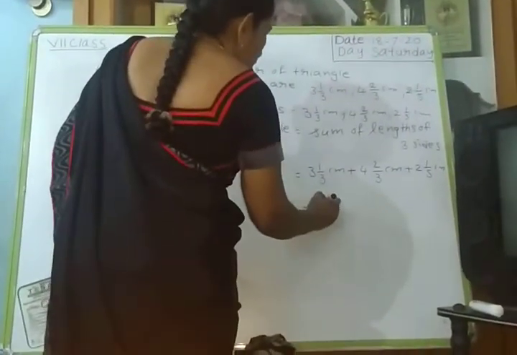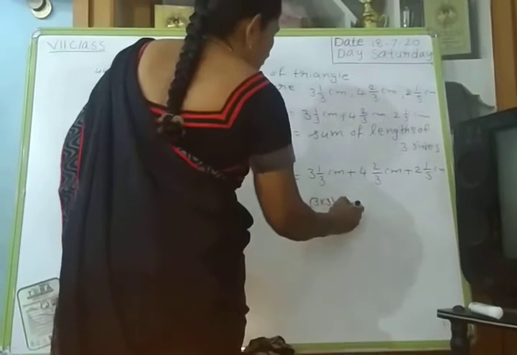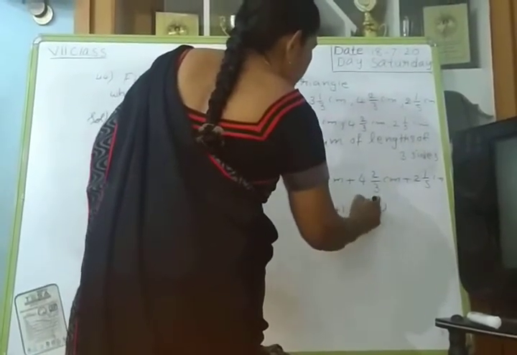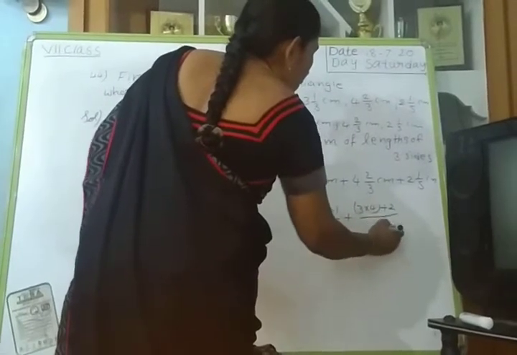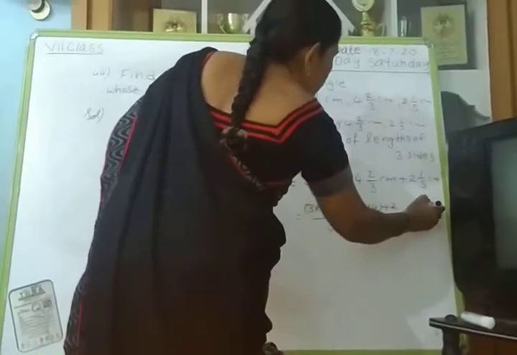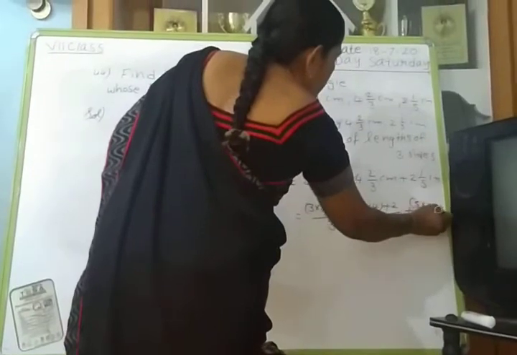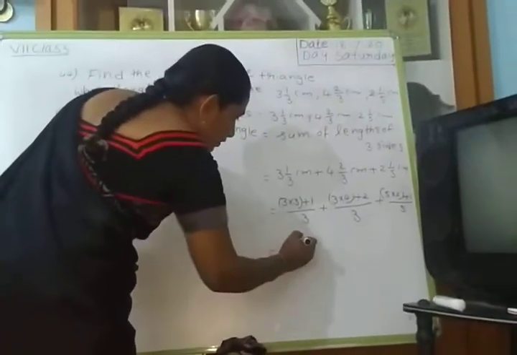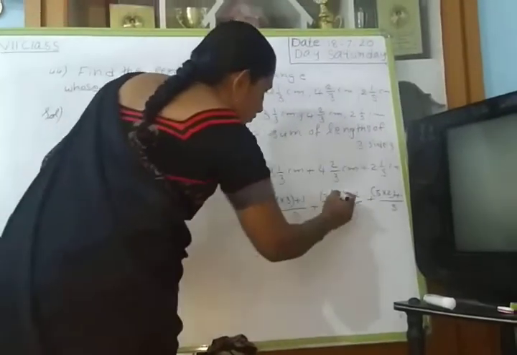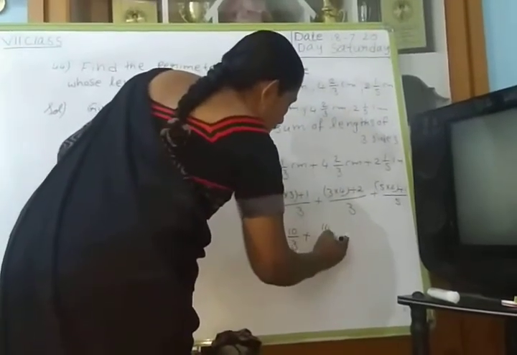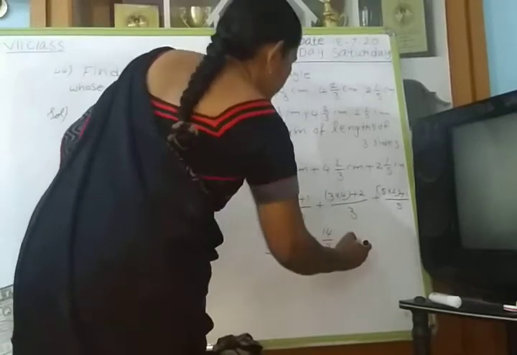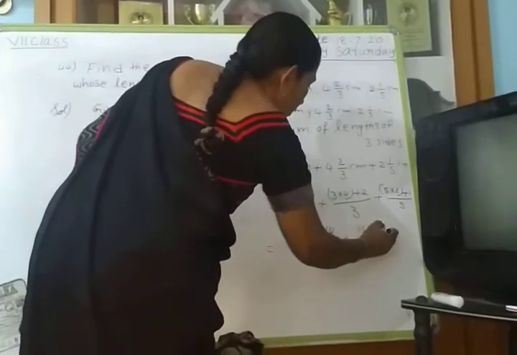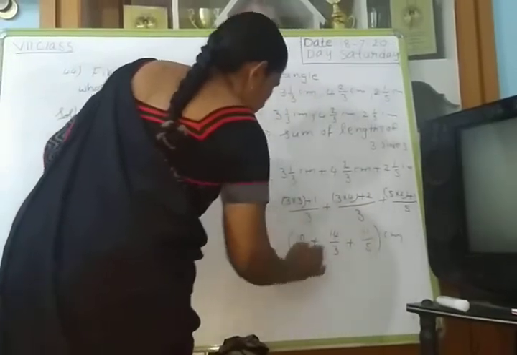So 3 3s are 9 plus 1 by 3. 3 4s are 12, plus 5 into 2 plus 1 by 5. 3 3s are 9 plus 1, 10 by 3. 12 plus 2, 14 by 3. Plus 5 2s are 10 plus 1, 11 by 5 centimeters.